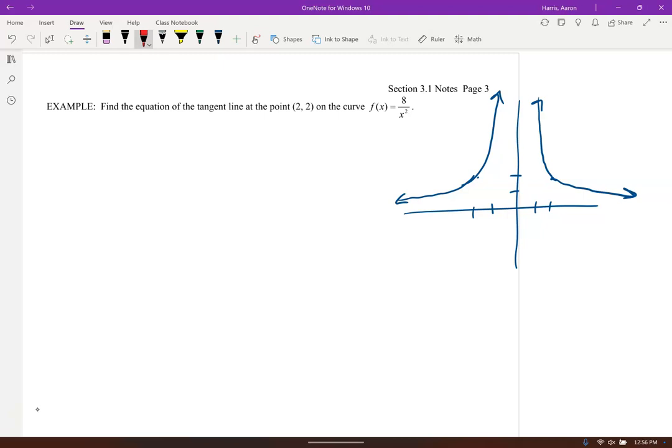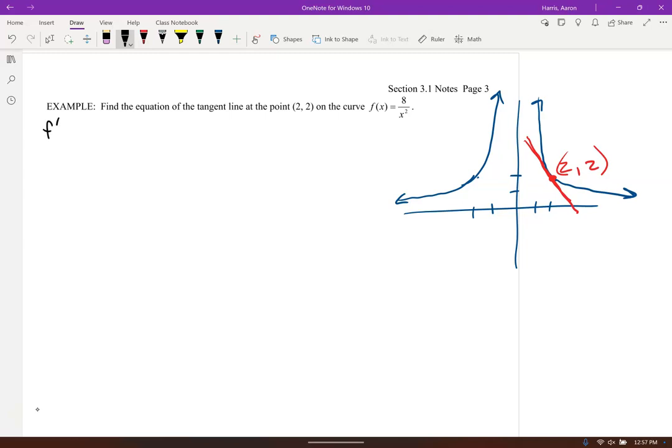We're trying to find the equation of that red tangent line right there at (2, 2), right? So we've got to find the slope there first using our difference quotient with a limiting process, and then we'll use that point (2, 2).